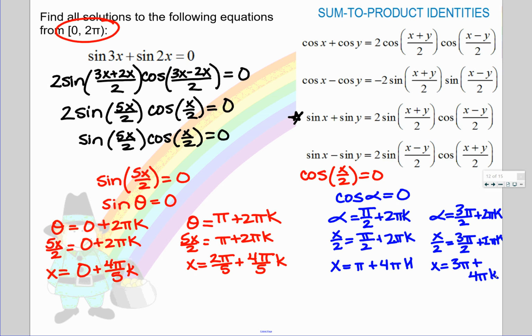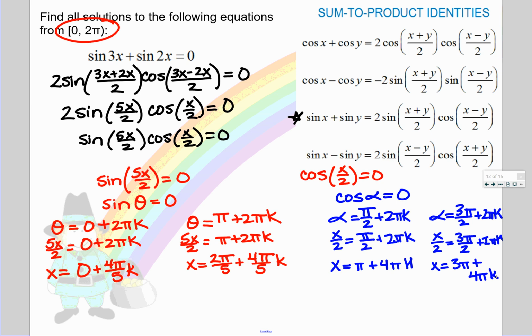Do I have any more from that group? No, because I'm going to go over 2 pi. 10 over 5 is 2. Okay, so next group, 2 pi over 5. If I add 4 pi over 5 to that, I get 6 pi over 5. If I add 4 pi over 5 to that, I get 10 pi over 5, which is 2 pi, but we already had 0. Okay, so we don't need that one.